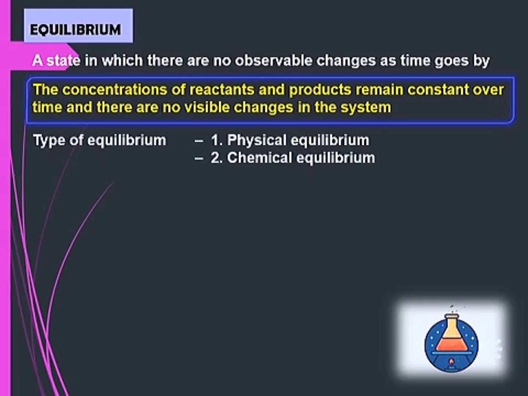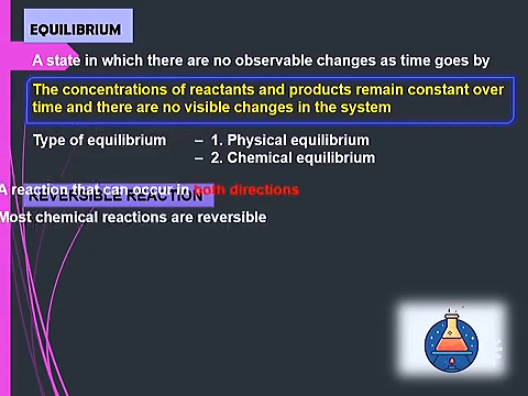Okay, so the type of equilibrium ada dua. The first one, physical equilibrium. The second one, chemical equilibrium. For this subtopic, we are going to focus on chemical equilibrium. Before that, the things that you need to know is reversible reaction. So before this, you only learn about one step of reaction sahaja yang melibatkan forward reaction sahaja.